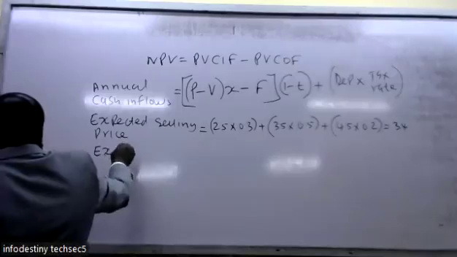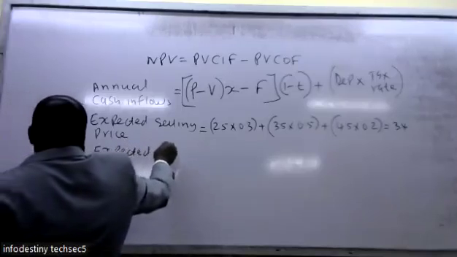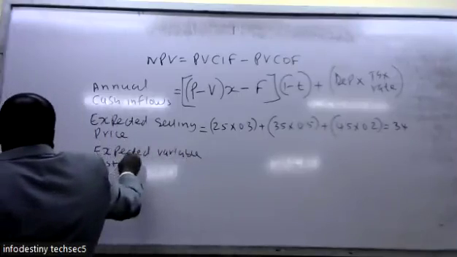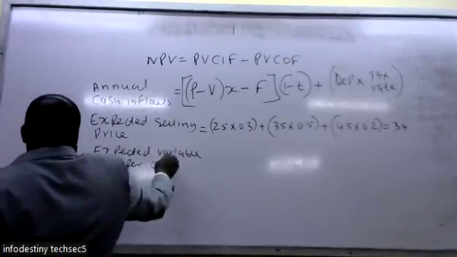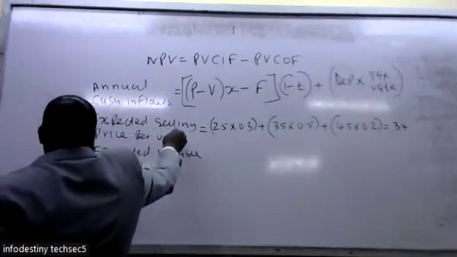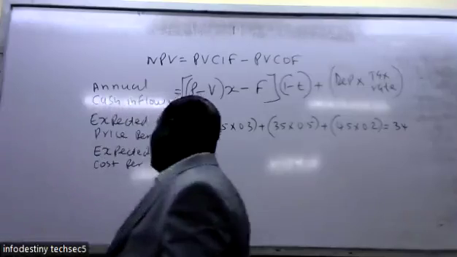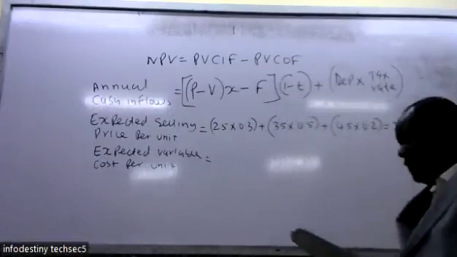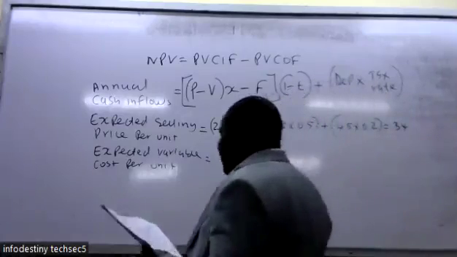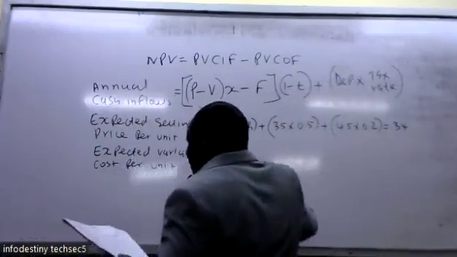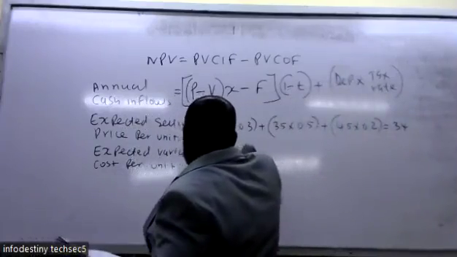We also calculate the expected variable cost per unit. So even this one, you simply take what you are given there as 10, probability of it occurring is 0.2.